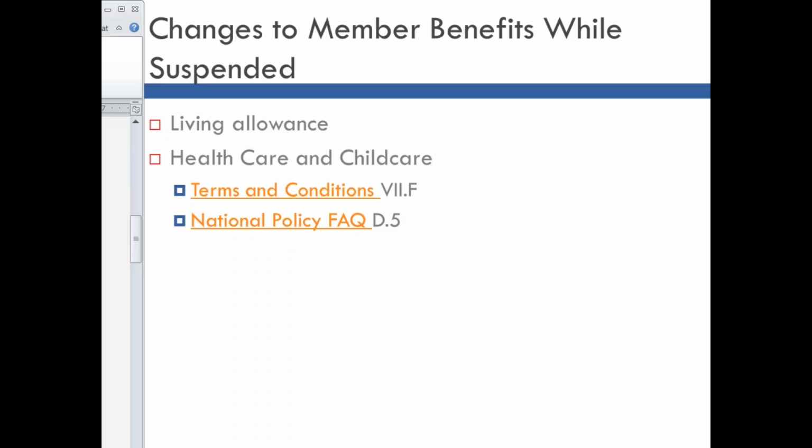So not all suspensions are affecting the member's status enough to require those providers to be notified. So then it goes on to say that suspending members for cause for lengthy periods or indefinite periods of time are examples that they give for reasons that you would need to notify those providers.